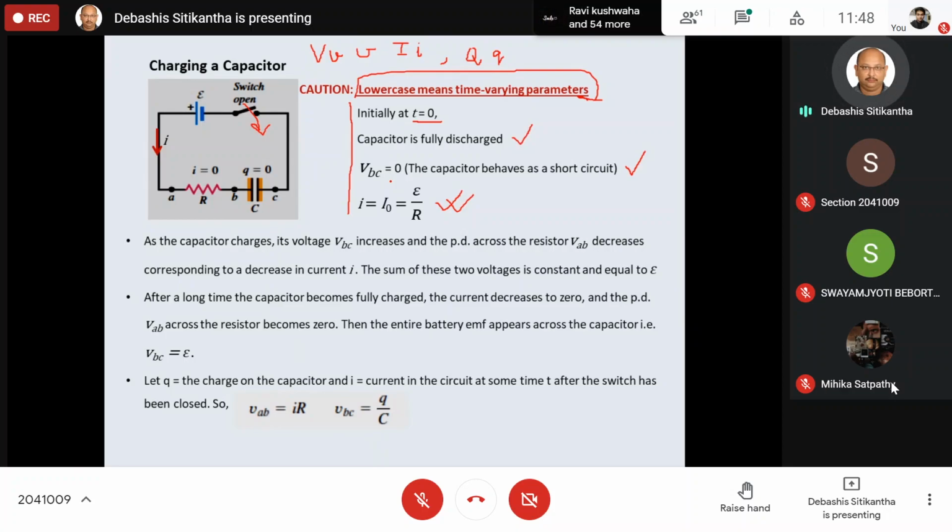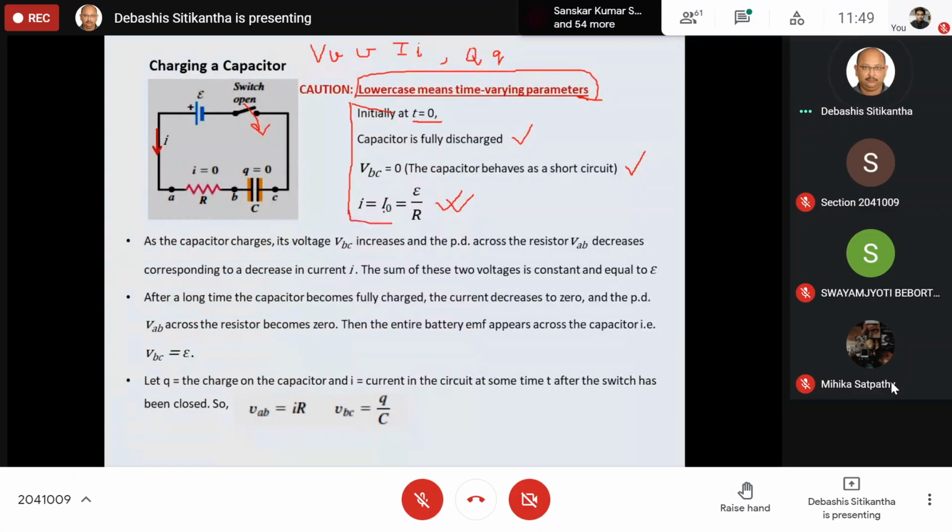So the moment I switch on the switch, no doubt the current will start flowing in the circuit, and that current i is going to be equal to E by R. But the voltage across the capacitor is not going to suddenly become a finite value. Rather, it is going to be equal to 0. Why is it so? Because a capacitor is a circuit element which opposes a change in voltage. So, I hope you have understood these initial conditions.